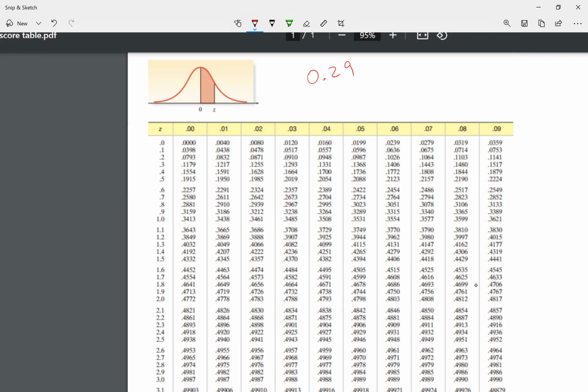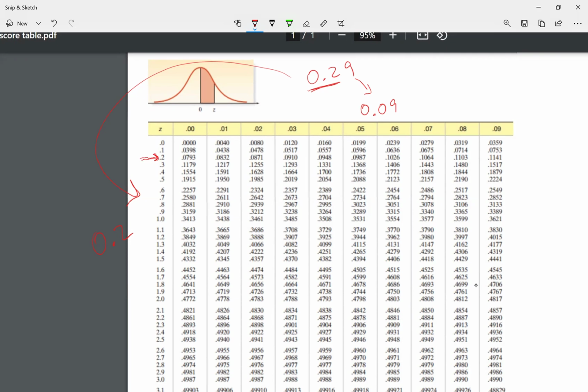So 0.29. I'm gonna look up to my first decimal place here on the left. So I'm looking on the left, I'm looking at 0.2. And then here on the top, I'm looking for my second decimal place. So I'm looking at 0.09. So on the left, again, I'm looking at 0.2. That is right here.